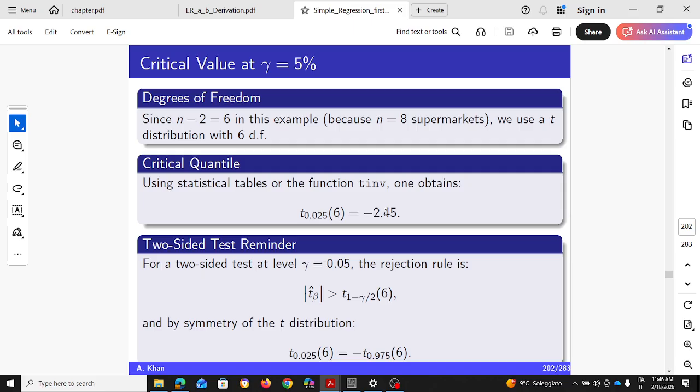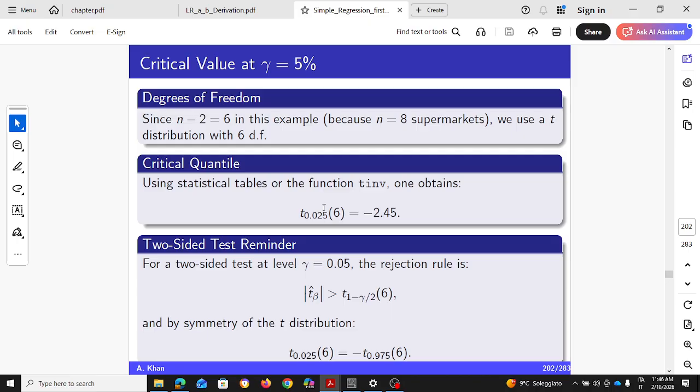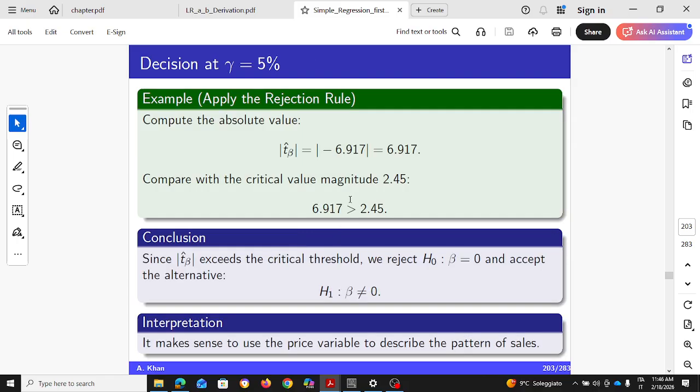So now we calculated these two values: TB, which is minus 6.917, and at gamma equal to 5%, the critical value is this. This means that the value we have calculated is greater than the critical value.